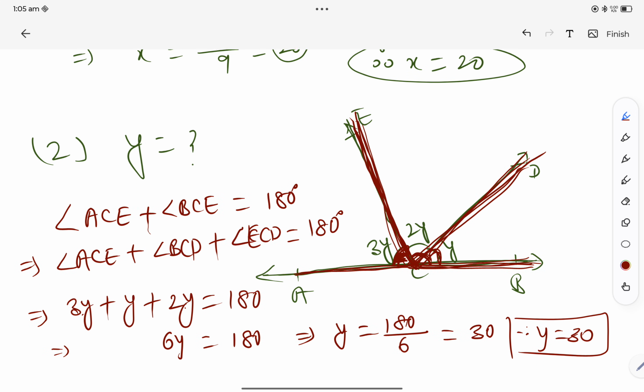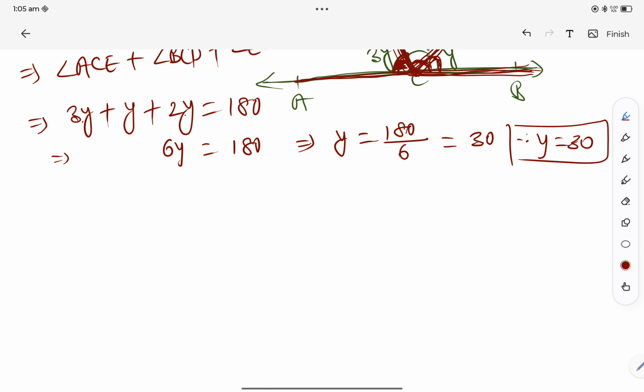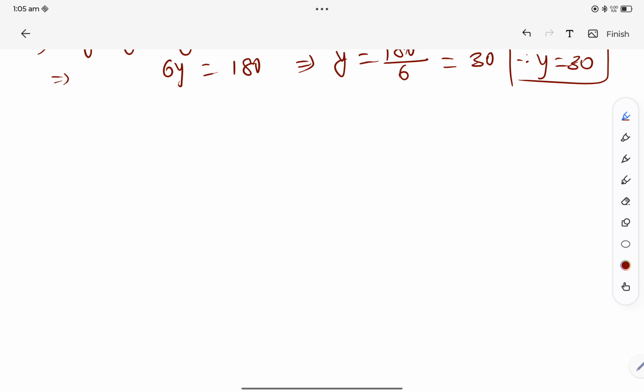Let us consider one more question based on the same linear pair of angles. Suppose we have a straight line like this and two rays.